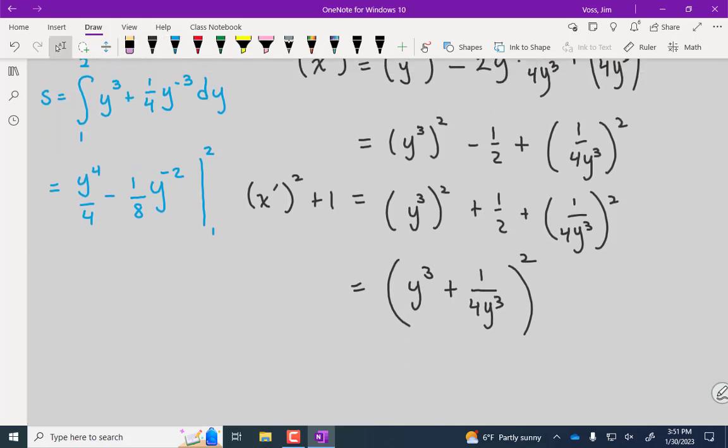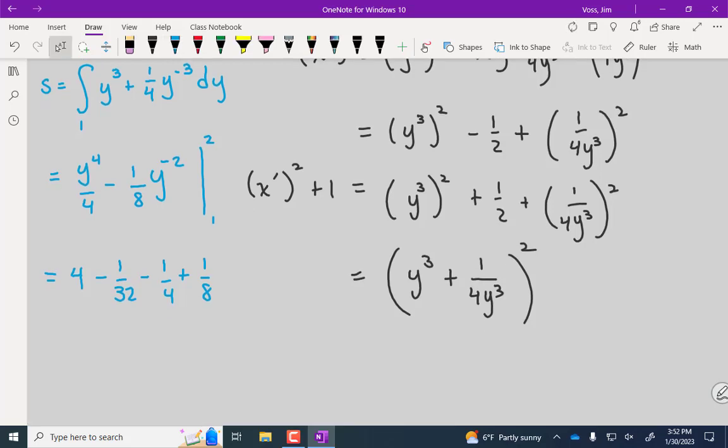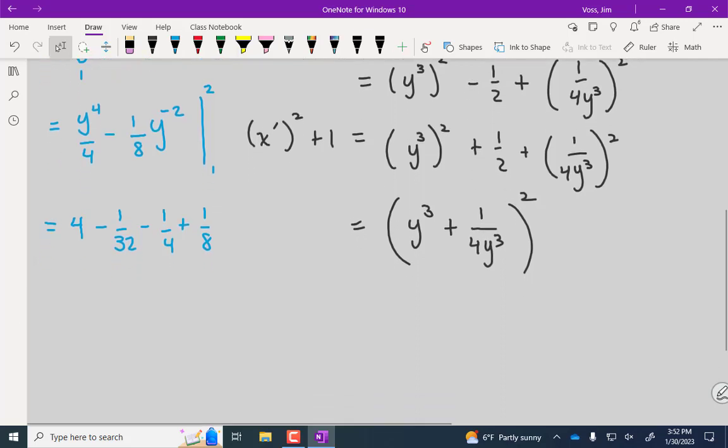Plug in the 2. We'll get 16 over 4, which is 4, minus 1 over 32. 2 to the negative 2 is a fourth. And then we subtract off the antiderivative at 1, so we're going to subtract off a fourth and add an eighth. And then we just have to deal with all that stuff.